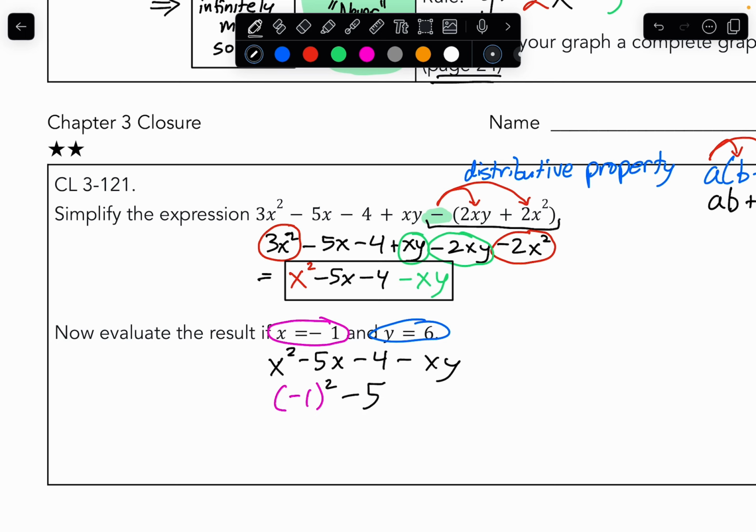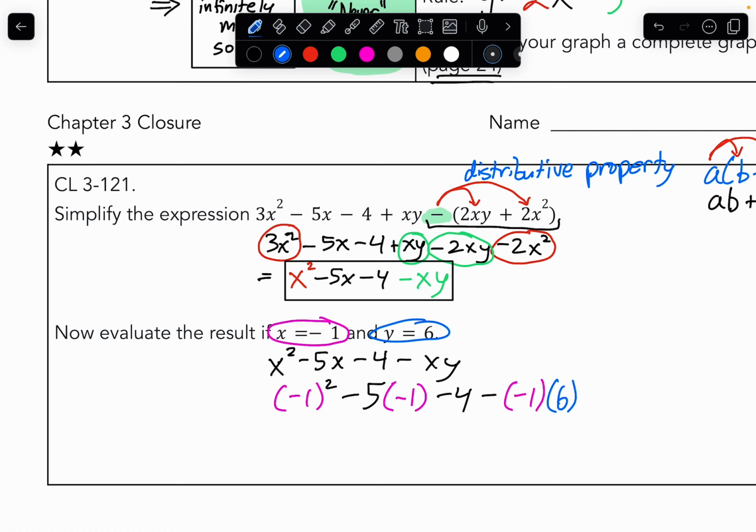Minus 5 times x. Well, x is, again, negative 1. Minus 4. That's pretty chill. Minus x. Again, we're using x so much in this problem. And it's negative x times y. So y is 6.